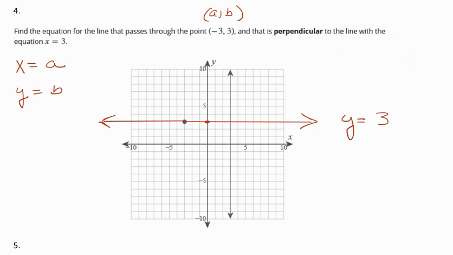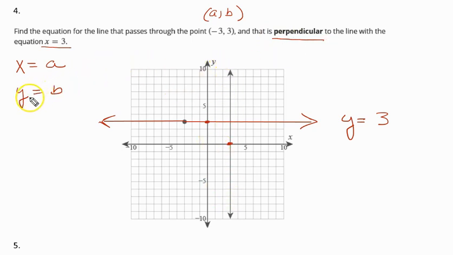So in summary, hopefully, we have something like this, where this ordered pair can be given in the form A comma B, and we know that this equation is a vertical line going through the x-intercept at 3. And this line is a horizontal line that would be perpendicular to the vertical line.